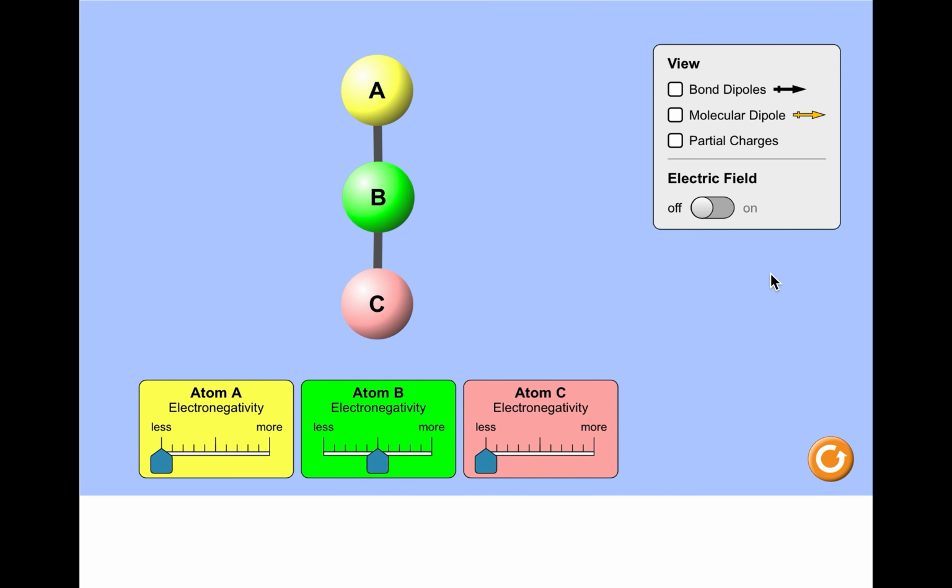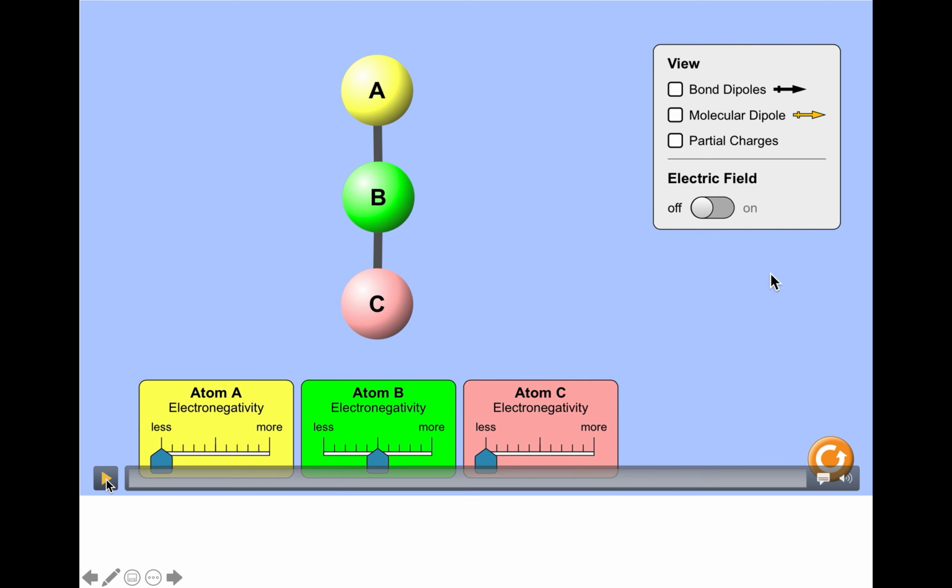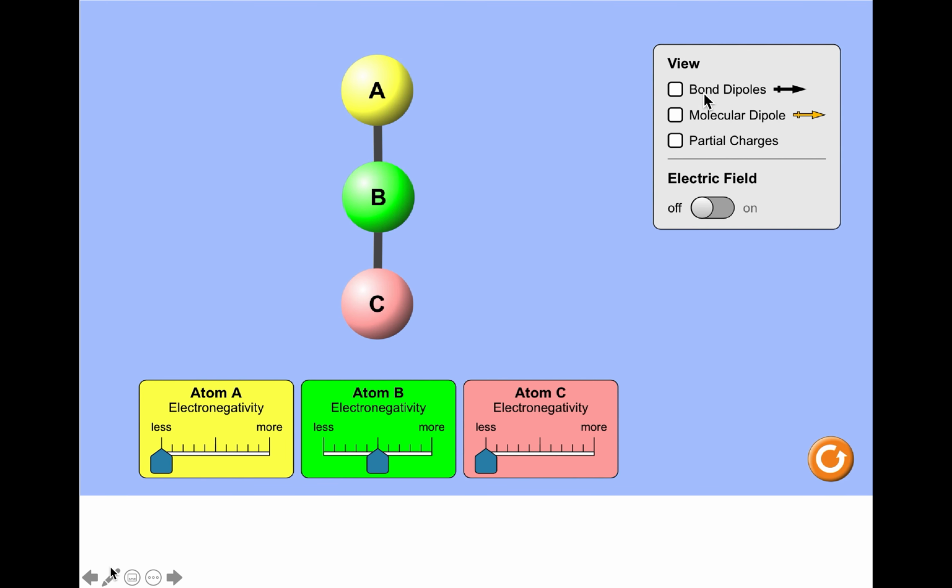Now let's look at this molecule. We'll see that there's differences in electronegativity which are leading to bond dipoles. And we have partial charges as well. Turning on the molecular dipole, I don't see anything.